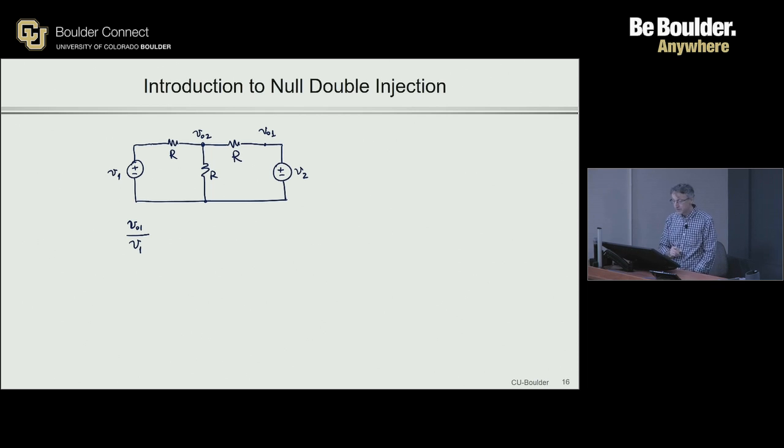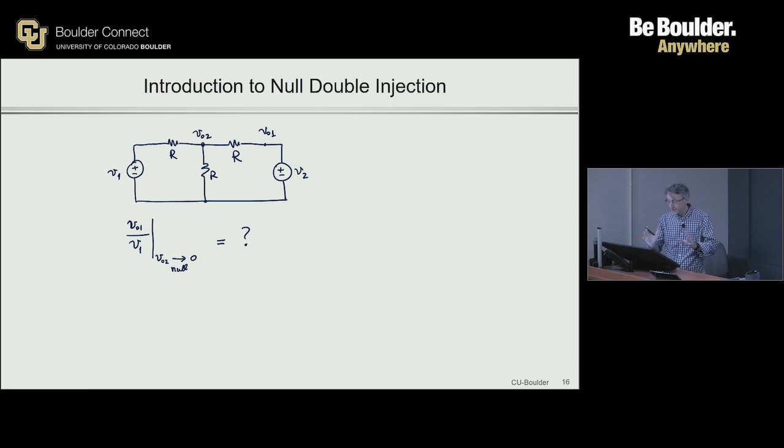So V1 being the independent input, and what is the ratio V output 1 over V1 under the condition that the other output is nulled? Okay, that's what we want to discuss in the next couple of minutes.